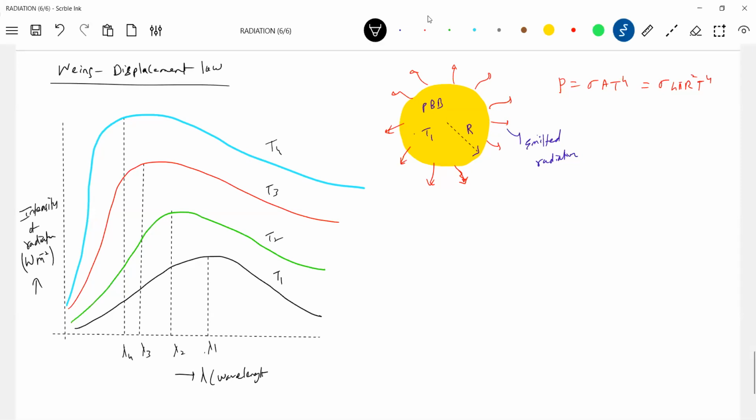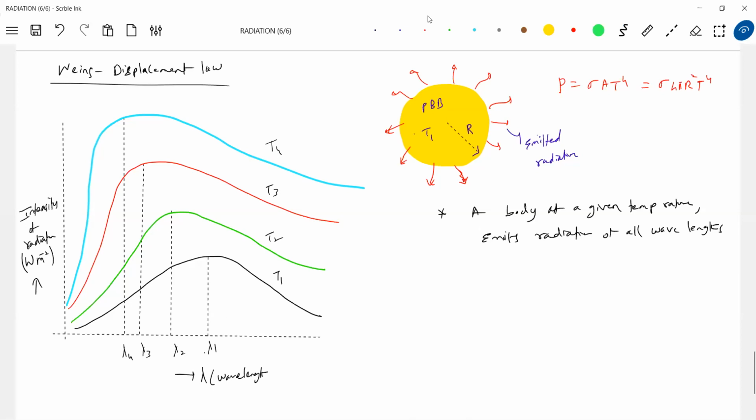That's the first thing. Point-wise, I'll write it. A body at a given temperature emits radiation of all wavelengths. Now look at your own body.